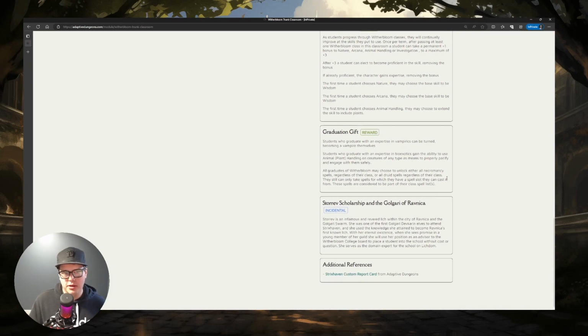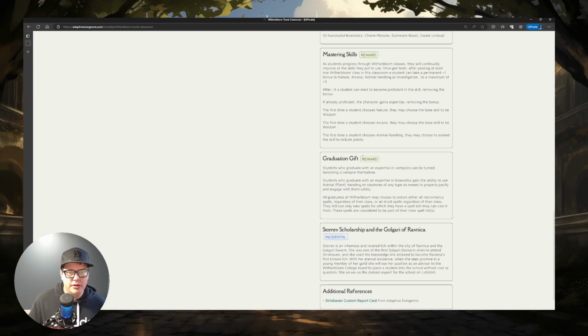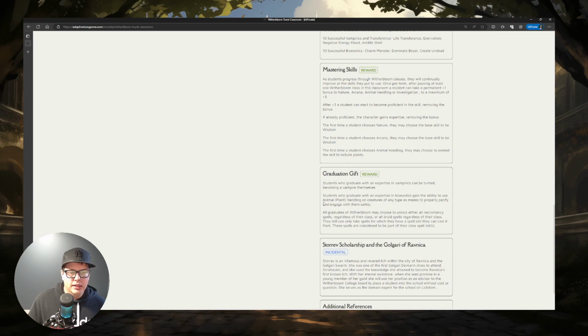Okay, what do you get if you graduate? Well, if you do the bioexotics route, you get the ability to use animal slash plant handling. I lump those together on creatures of any type as a means to properly pacify and engage with them safely.